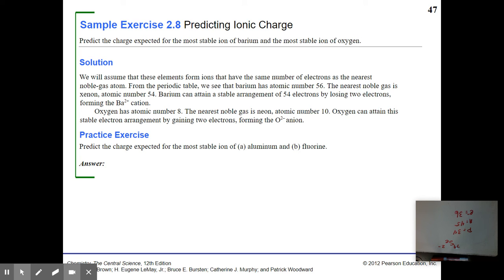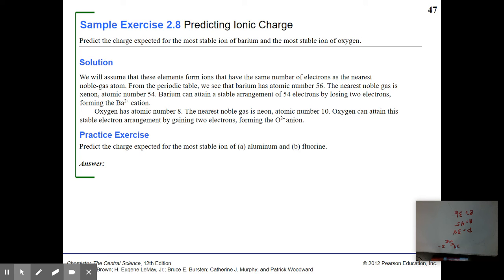Neutral? This is my sign for neutral. 8, yes. So in a neutral atom of oxygen, we've got 8 protons, 8 electrons. Charge is 0. Okay? You add 2 electrons. So now you have 8 protons and 10 electrons. Okay? So what's the difference there?